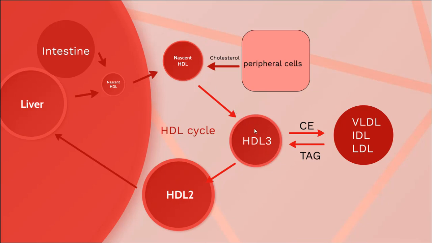After accumulating cholesterol ester, it takes a spherical form called HDL3, and subsequently it transfers some cholesterol ester to other lipoproteins in exchange for triacylglycerol. After accumulating triacylglycerol, it gets even larger, which is called HDL2, which ultimately goes back to the liver where it offloads its cholesterol. And this is how the reverse cholesterol transport process occurs.